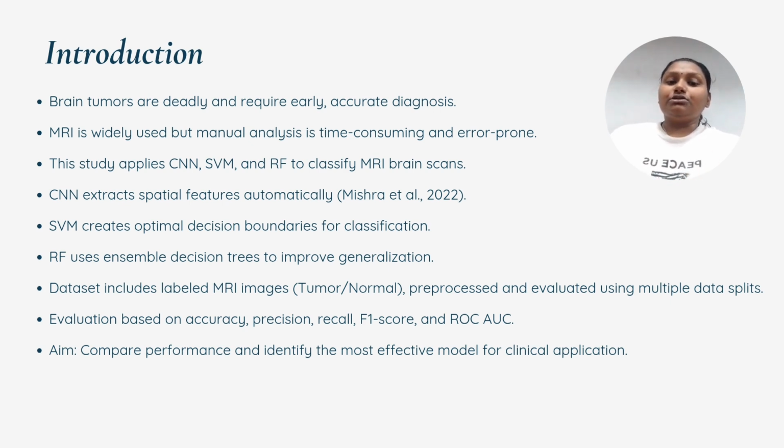Our aim is to see which model gives the best result based on accuracy, precision, recall, F1 score, and also ROC AUC. We also want to find a model that not only performs well but can be used easily in real hospitals to help doctors make faster and more accurate decisions.